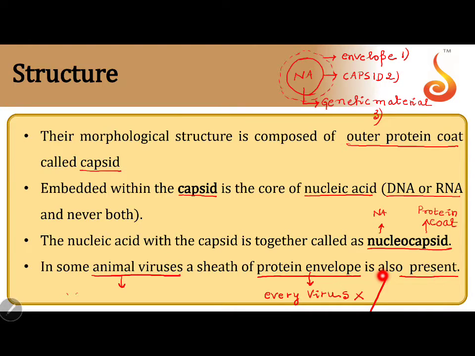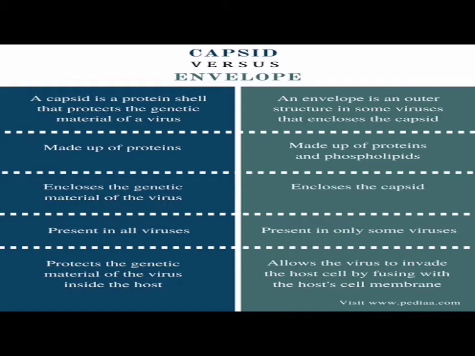So generally, to clear the confusion between the envelope and capsid, I thought I would show you the differences between both of them. As you can see, the differences between capsid and envelope. A capsid is a protein shell that protects genetic material of virus.